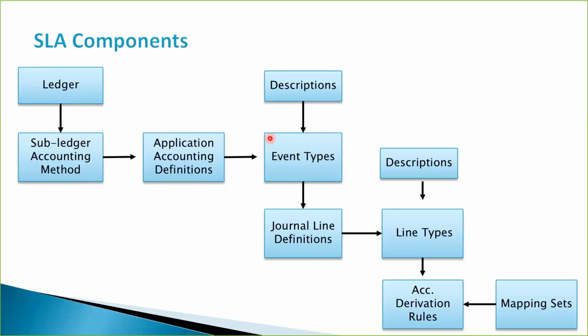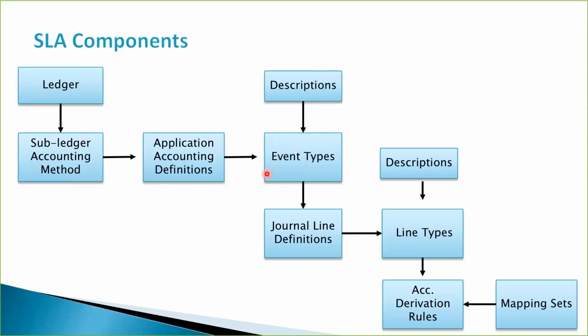Remember that event types are predefined. Event classes, event entities, event types, all these are predefined components, but these are the features around which we define how we want our accounting to be created. Journal entry descriptions will be associated with event types, because we know for each event type a journal is created, and so a description will be attached for that event type at the header level.